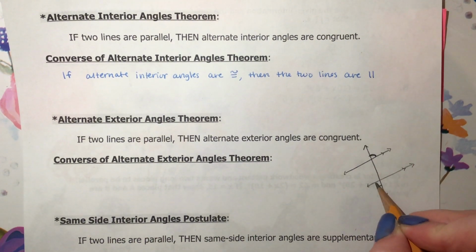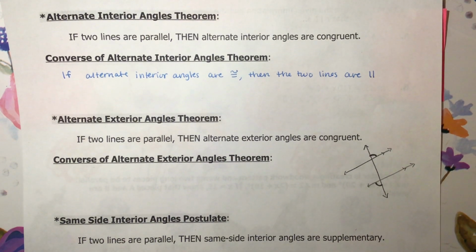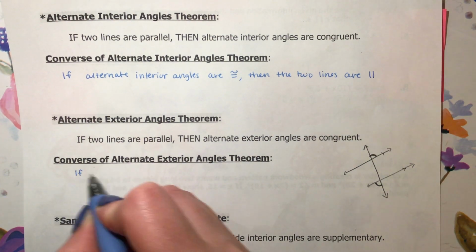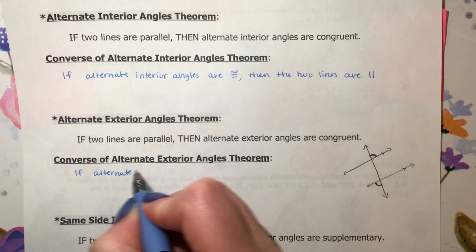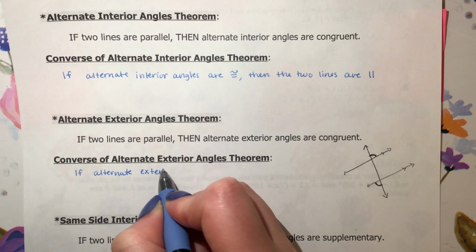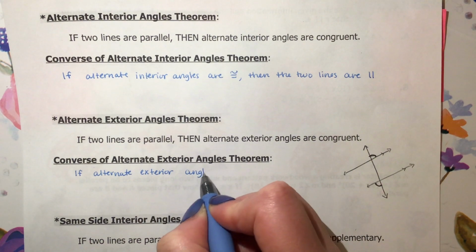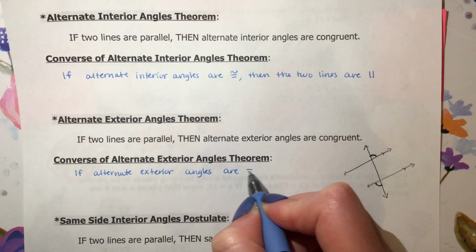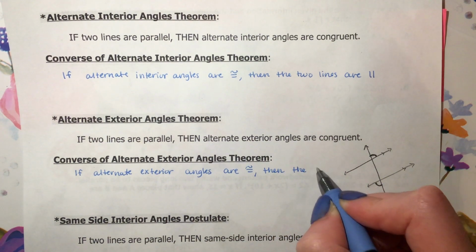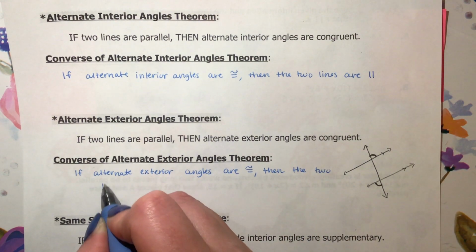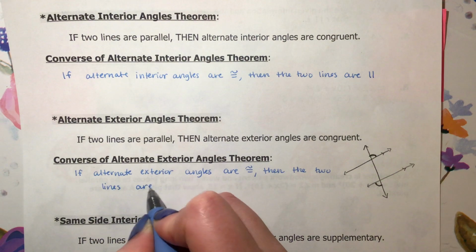An example would be these two. If these are congruent, then the lines are going to be parallel. That's our converse. So if alternate exterior angles are congruent, then the two lines are parallel.